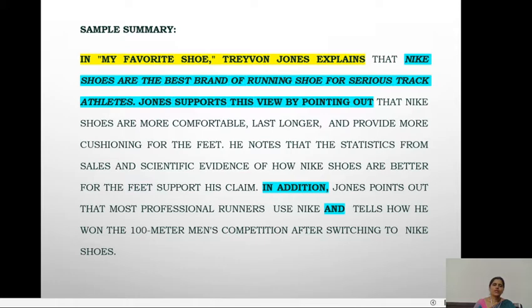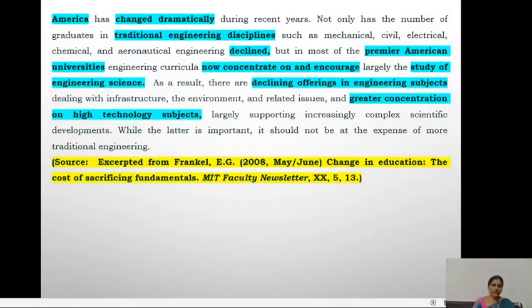So in such a way, whatever the author tried to keep in the original text, we have taken the main points. We read the original text and took only the main points that the author focused on, and we try to summarize the article.